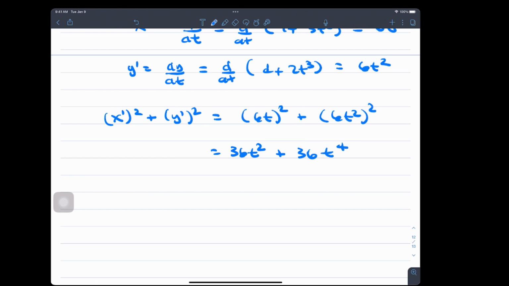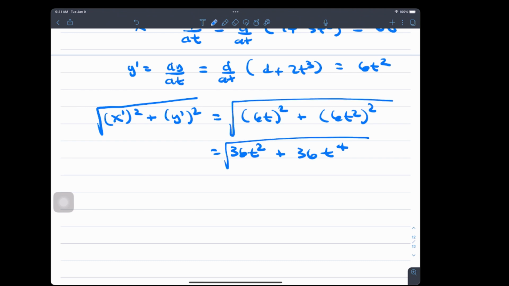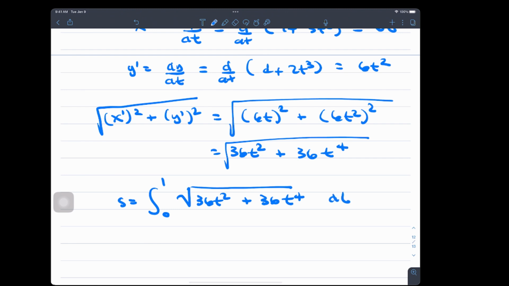Okay, in terms of some algebra there. So don't forget to take the what? Square root, okay? So your arc length will be from 0 to 1, square root of 36t squared plus 36t to the 4th, with your dt.